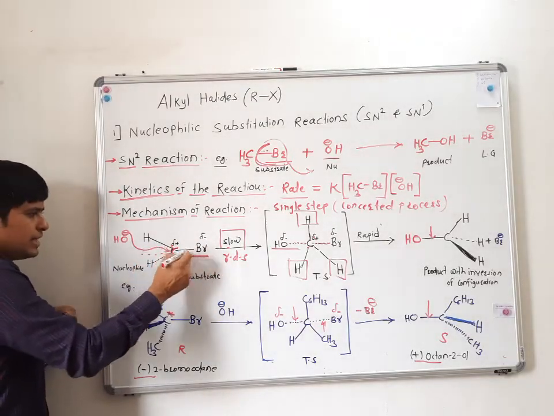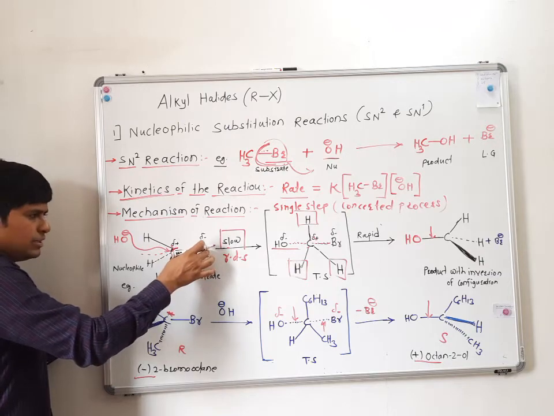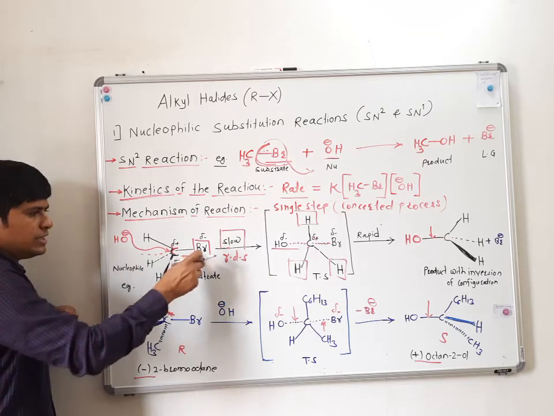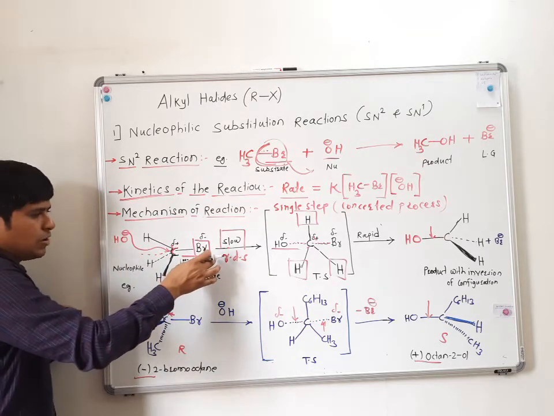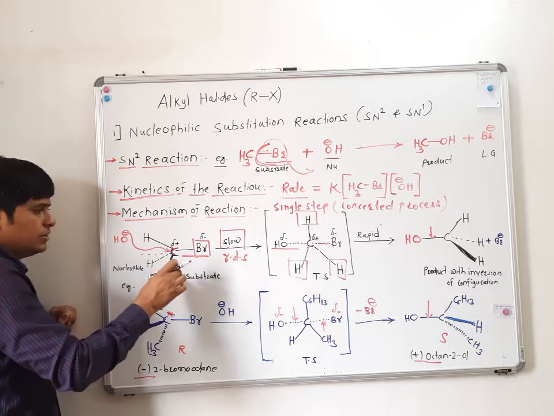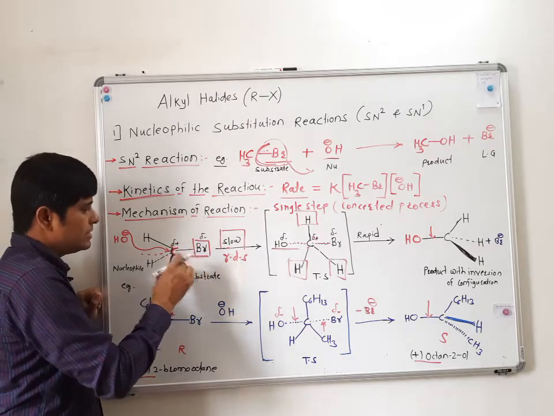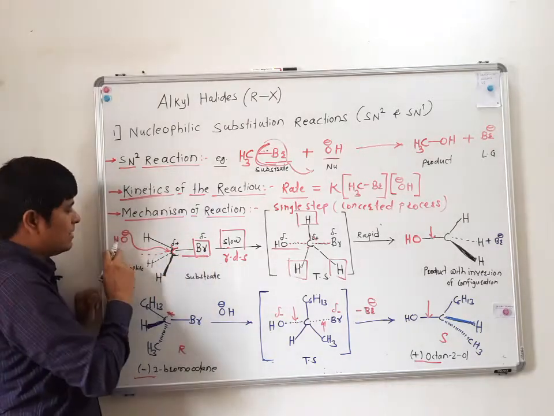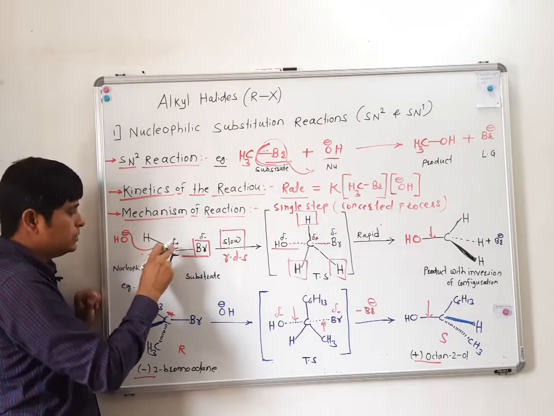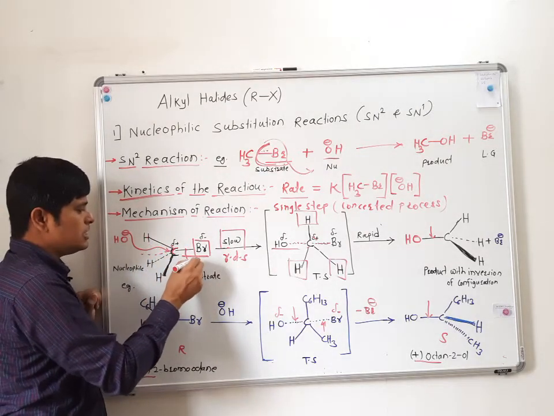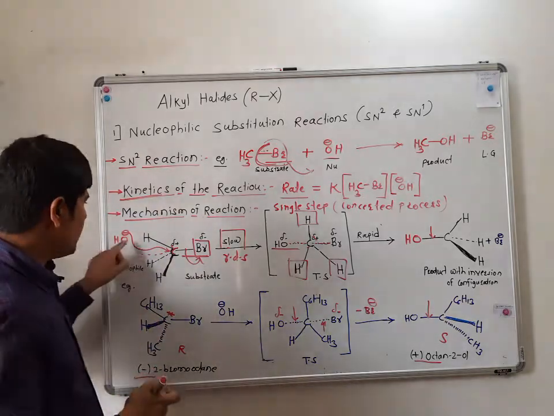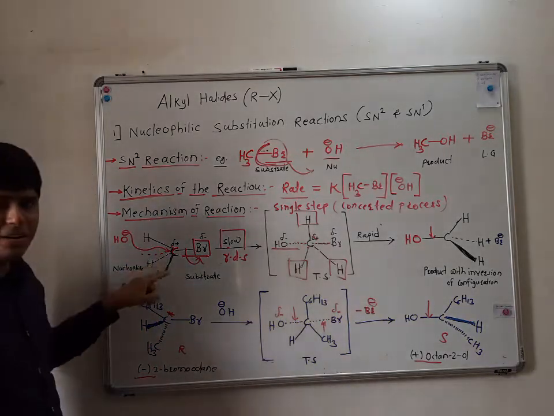Because on the other side this bromine atom is attached. It is the departing atom, so we will call that the front side. So hydroxide ion will attack from this back side to this carbon atom to knock out this bromine atom. So there is attack of hydroxide ion from the back side or rear side.